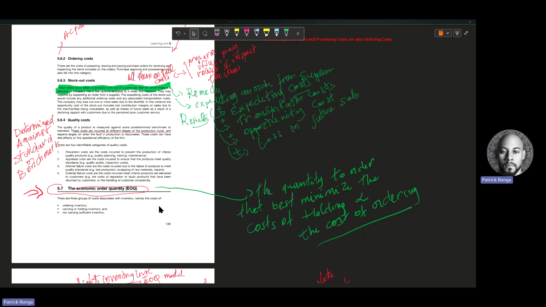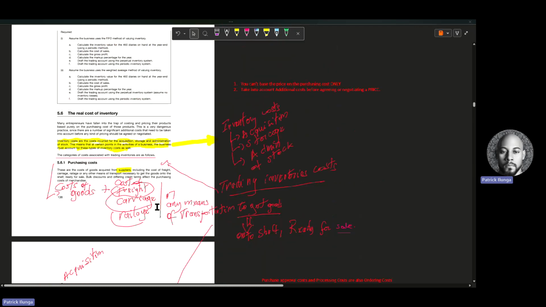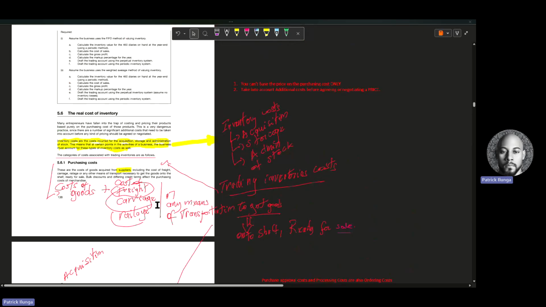So you understand that when it comes to cost, there's quite a lot to unpack. That's the reason why you just need to have a good read and understand what we are referring to when we talk about the ordering cost, or the quality cost. It's not only the purchasing cost.